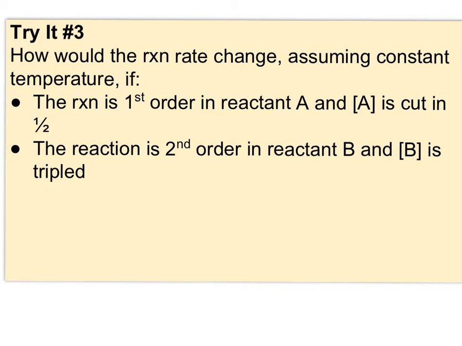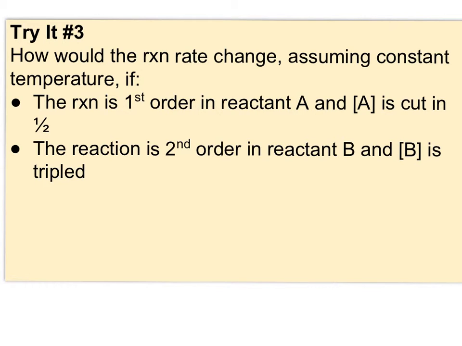If I have 1/2 times the concentration of A, and that's going to be taken to the first power, then I would expect my rate to be cut in half.